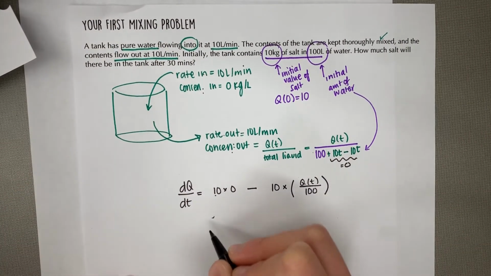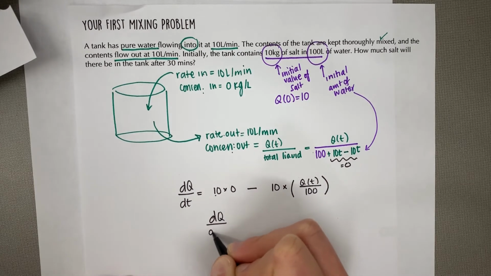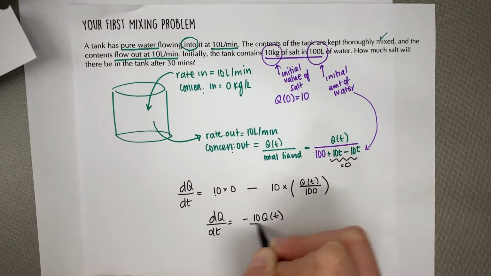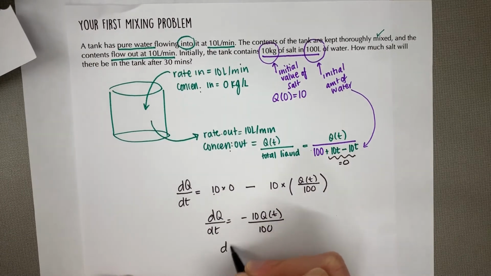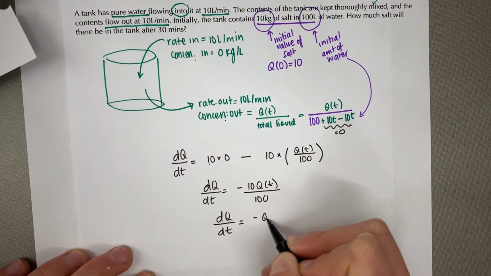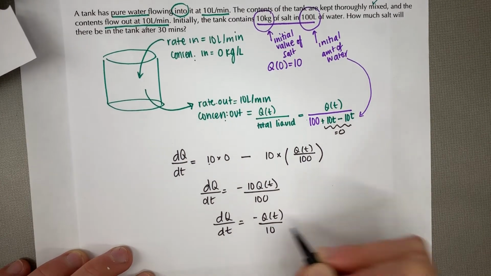So 10 times 0 is 0, so we have dQ/dt equals negative 10 Q of t over 100. Let's simplify that even more because that will be helpful: negative Q of t over 10.